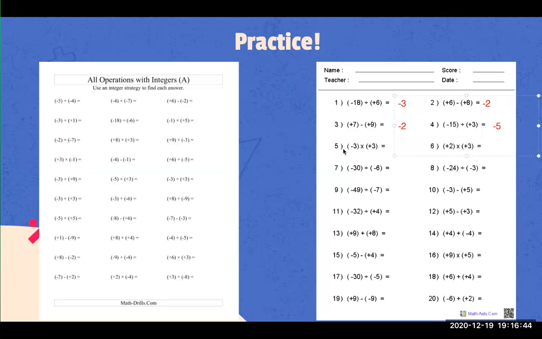Mitish, you can do number 5. Hello, Mitish, you can do number 5. This one. I think it's a 1. Why do you think that it's a 1?